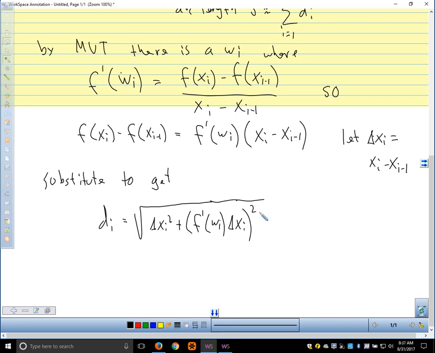Well, I can factor out this delta x sub i squared, and I get that this equals the square root, and hopefully this is a familiar quantity because I know you've seen it before, f prime of w sub i times delta x sub i.